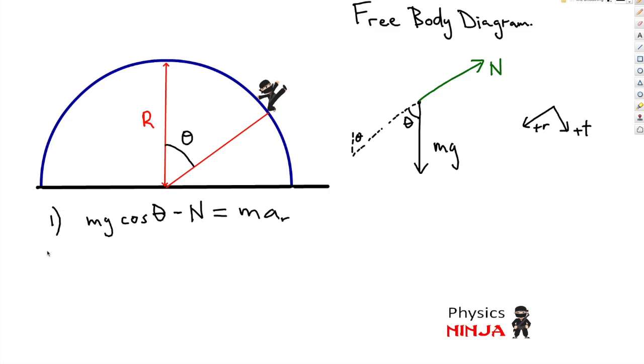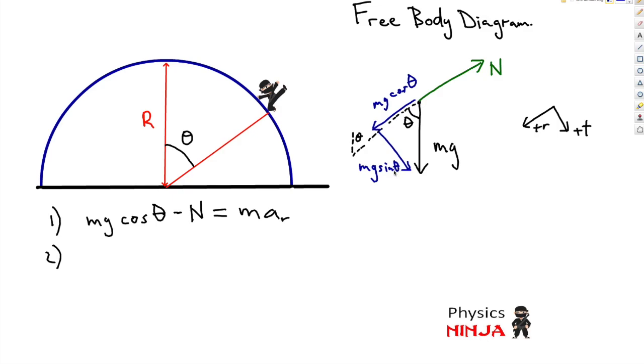The next equation we have is in the tangential direction. In the tangential direction, we really only have one force, only one component of the weight here. This is mg cos theta, that's what we just had, and this tangential component of the weight is mg sine theta.